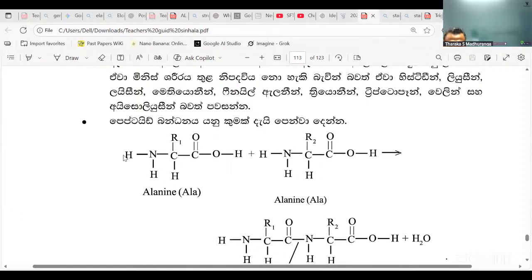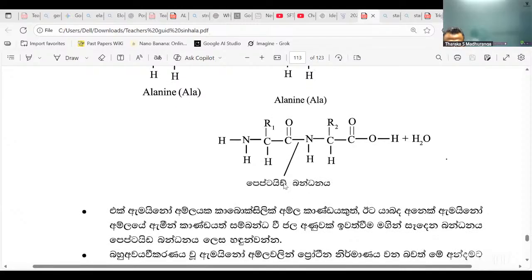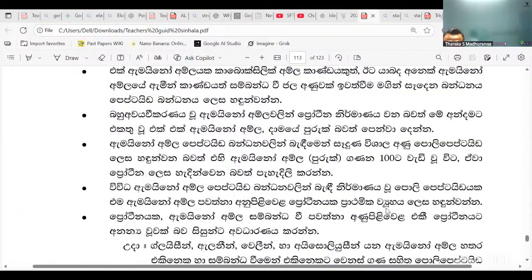Okay, this is the structure we drew. This is a peptide. After that we call it a dipeptide. Dipeptides, tripeptides or simple structures we do not call proteins. Only a polypeptide chain with at least 100 amino acids is considered a protein.